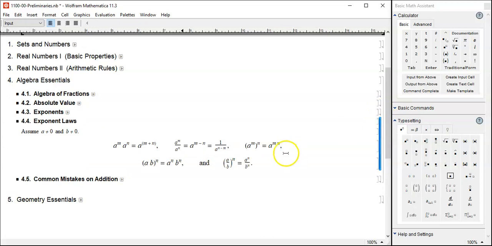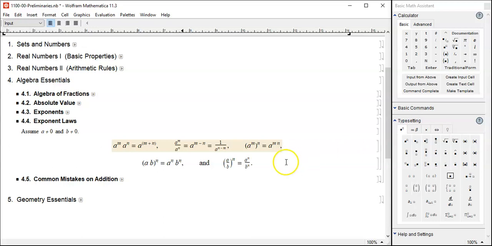Exponent rules, and these three are the standard. I don't see a lot of mistakes here. In intermediate algebra, even there, students didn't make many mistakes about these. So I'll just move on. And not much about this one either. Just repeated multiplication distributed around.